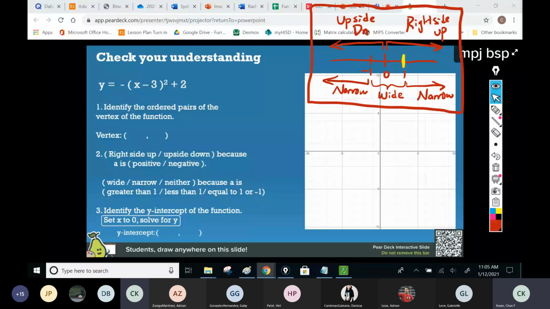All right, guys. The H is opposite of what you see. The H right here is opposite of what you see.